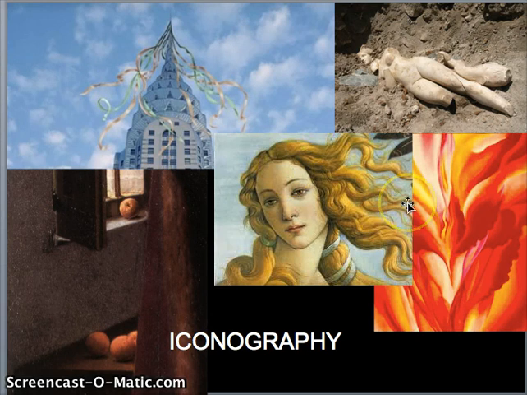We can have archetypes be iconography, for instance, beautiful woman, Birth of Venus. Here's Georgia O'Keeffe's flower paintings. She created her own kind of system of iconography through her abstraction of flowers.